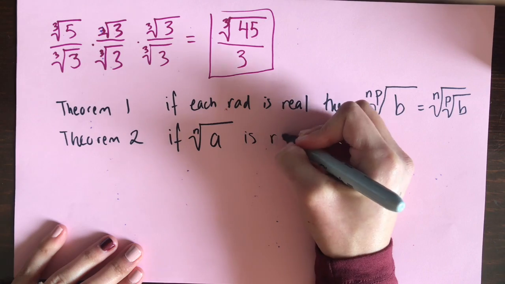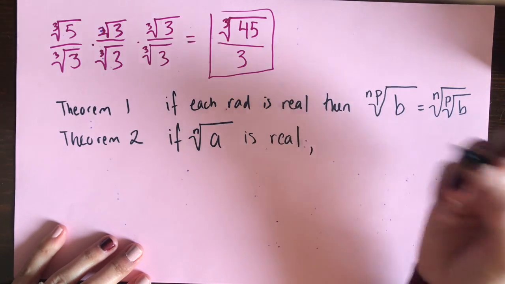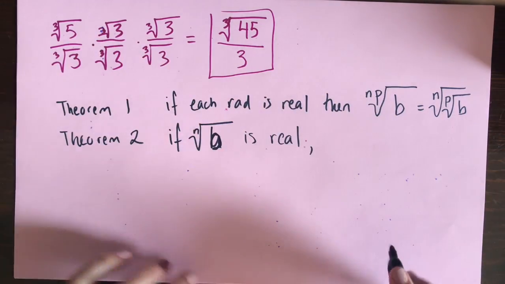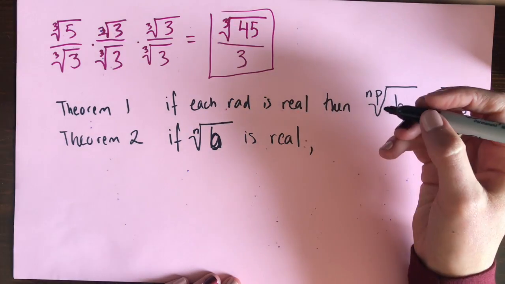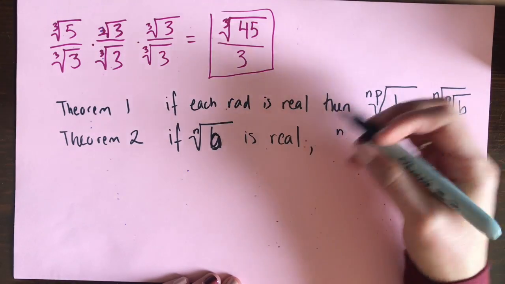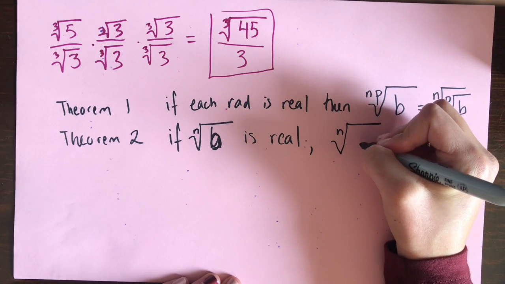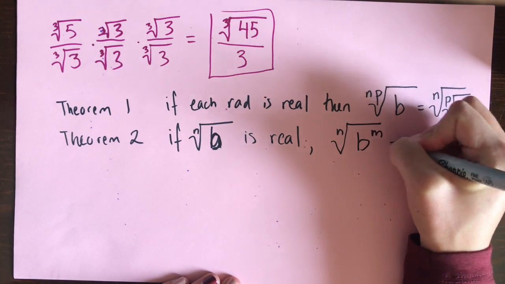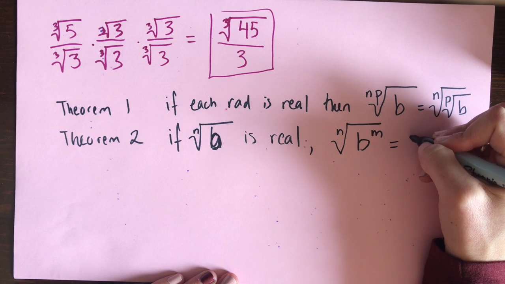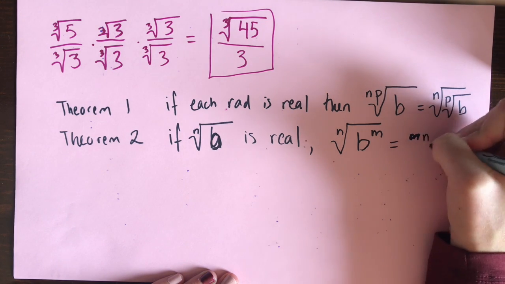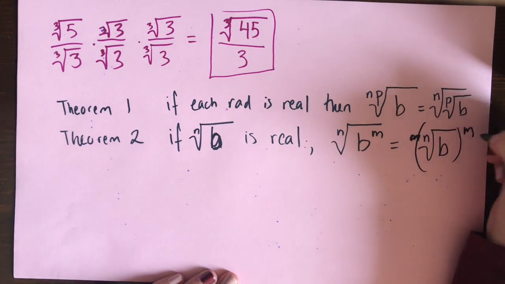And then the other thing is, if this radical n of b is real, then I can say that radical n of b to the m is the same thing as taking radical n of b and then taking it to the m power on the outside.